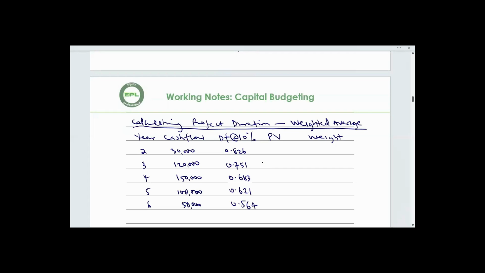So let's get the present value. So 30,000 multiplied by 0.826 equals 24,780.